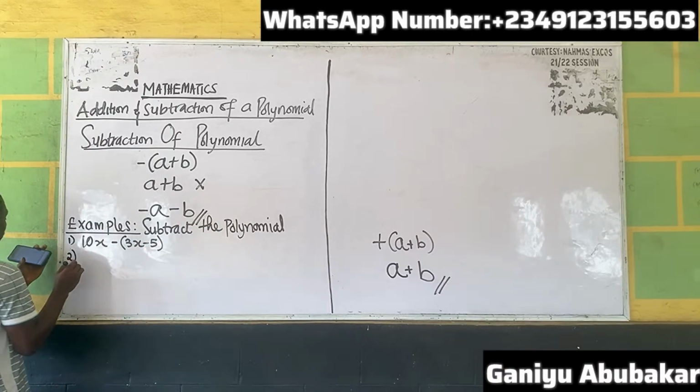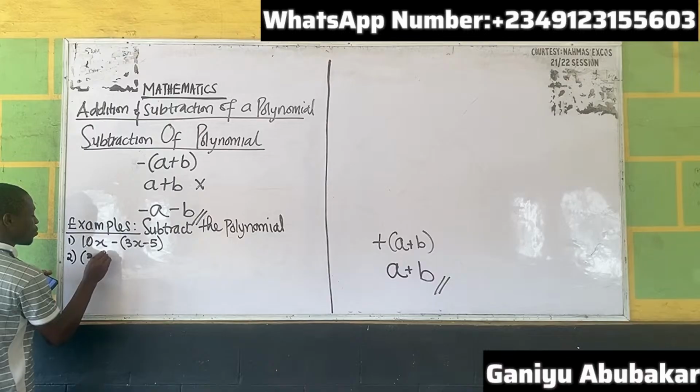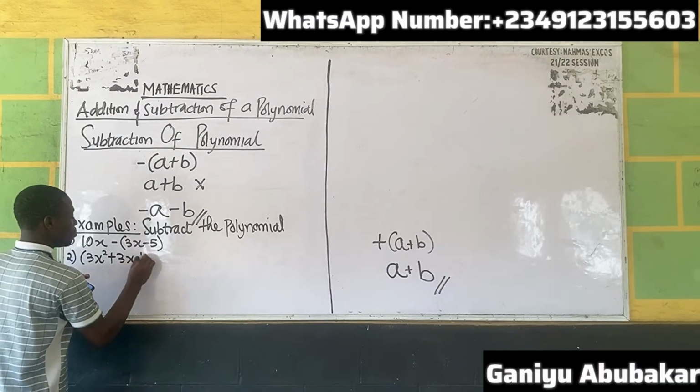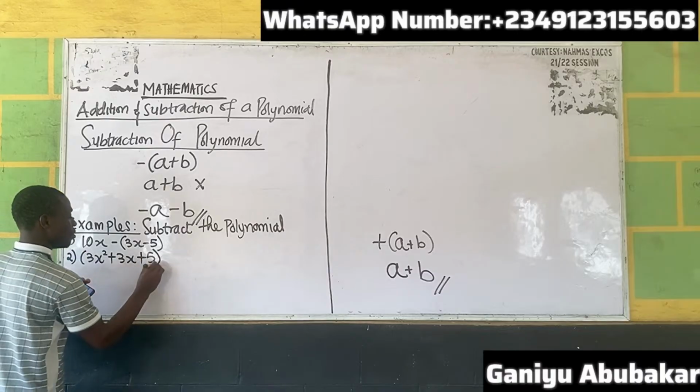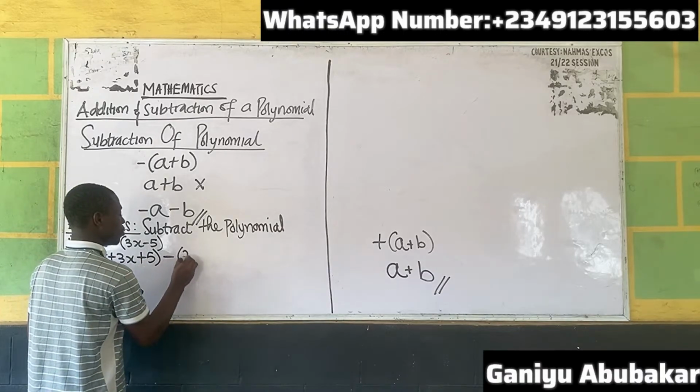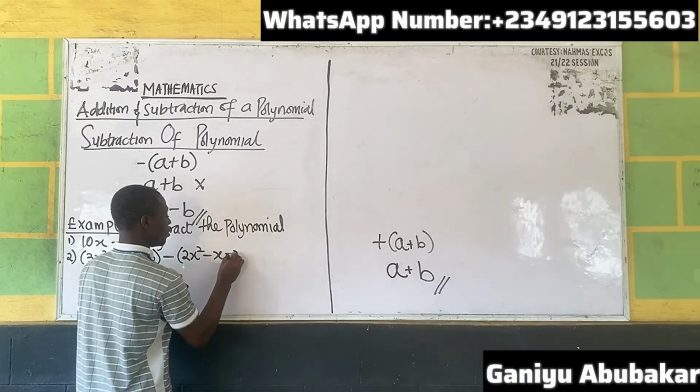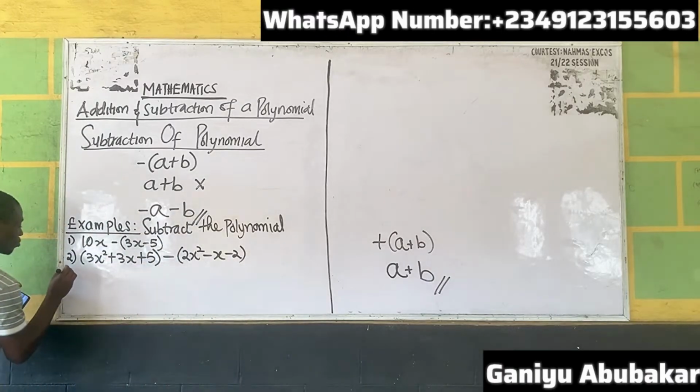Number two: 3x squared plus 3x plus 5 minus (2x squared minus x minus 2).